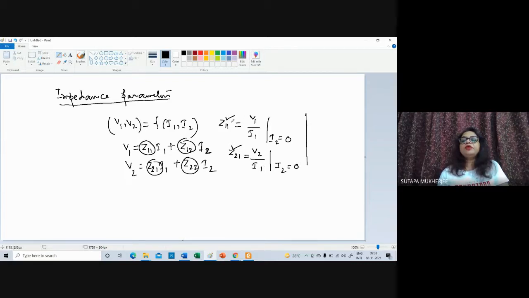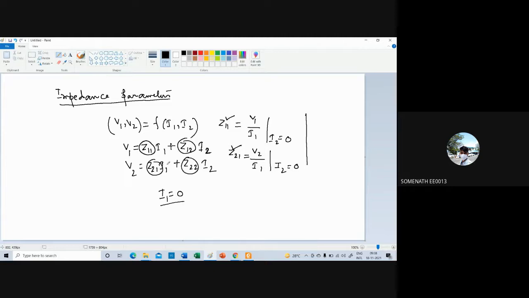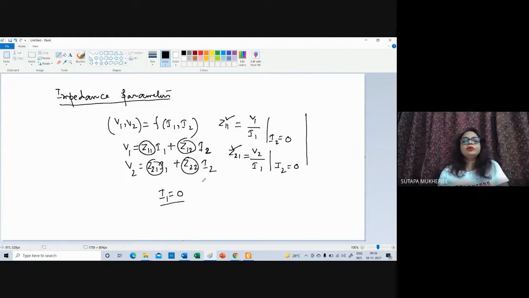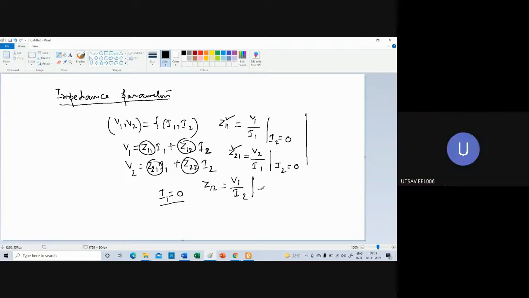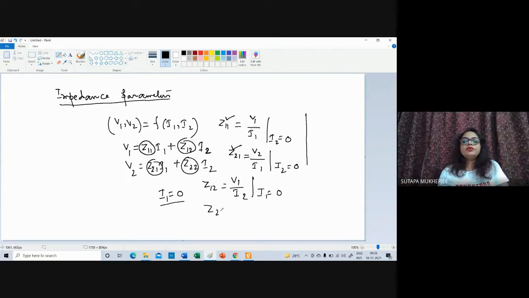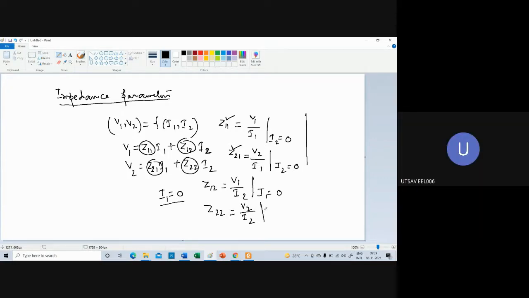And there are different names for Z11, Z21, Z12 and Z22. I will tell later on, okay? Now, if you make I1 equal to 0, then what parameters will you get? Z12 and Z22. So Z12 is V1 by I2, provided I1 equals 0, and Z22 is V2 by I2, provided I1 equals 0.